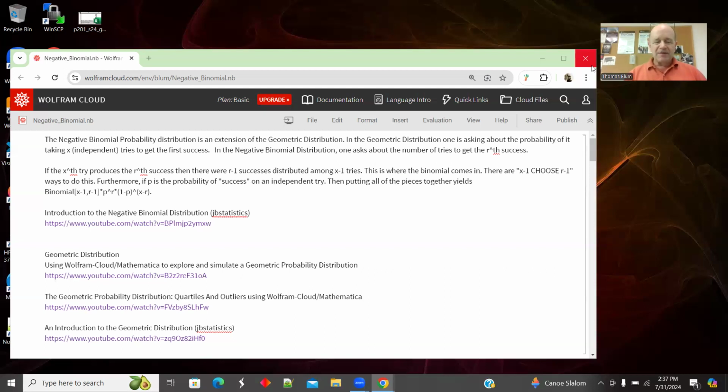The binomial is just factorials: the binomial of n, m would be n factorial divided by m factorial divided by n minus m factorial.